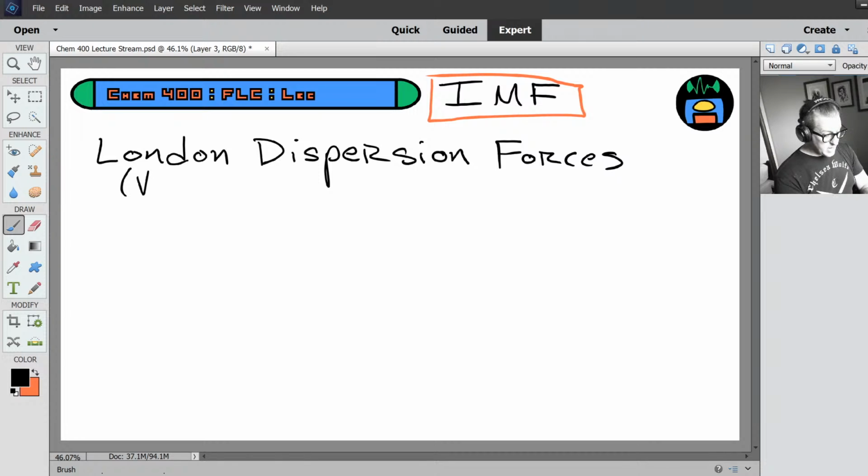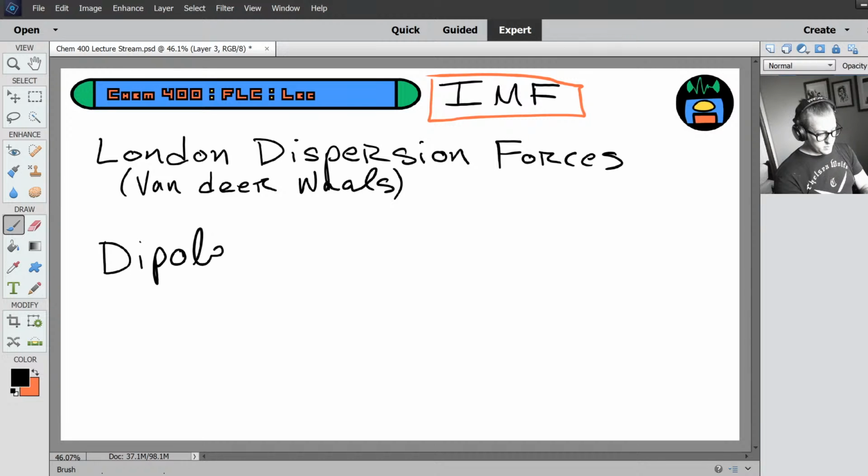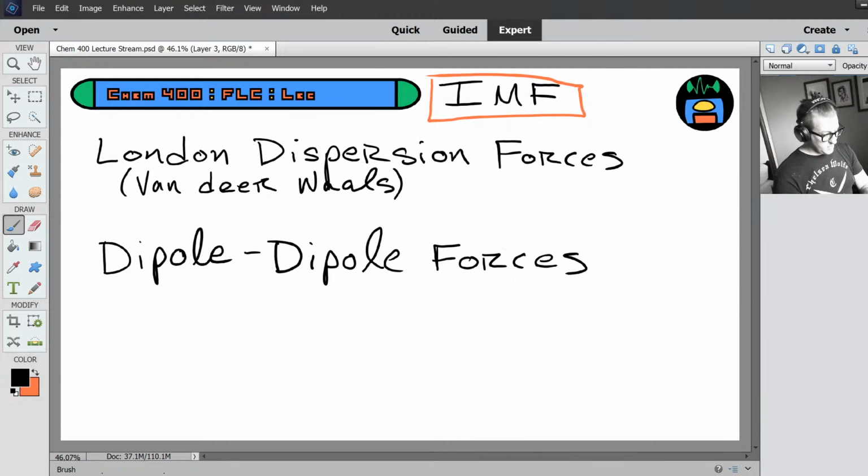These are also known as van der Waals forces. You may know it by that name. London dispersion forces, dipole forces, and hydrogen bonding.